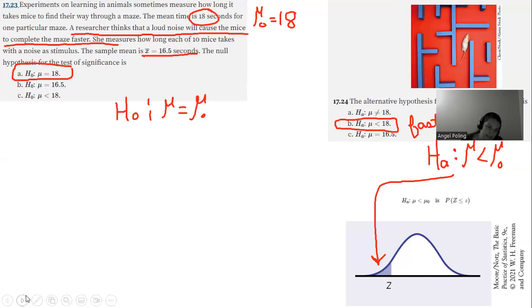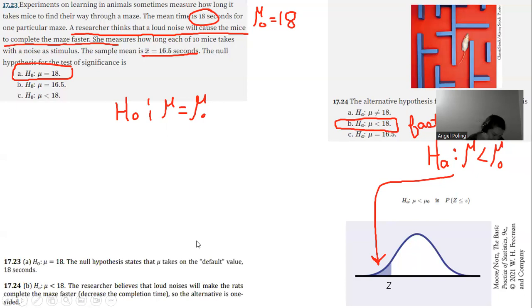So let's take a look at what the book says. A, mu equals 18, and B, mu is less than 18. So the null hypothesis states that mu takes on the default value, 18 seconds, right? There's no difference. There's nothing to see here.